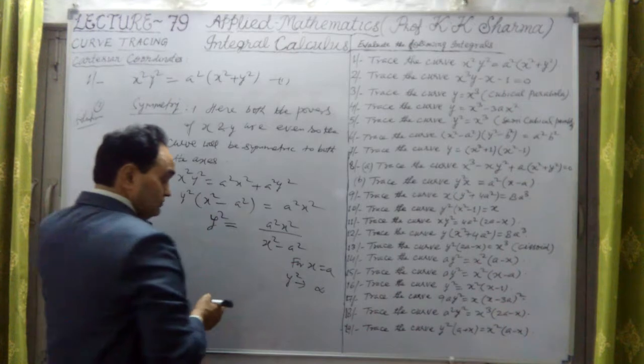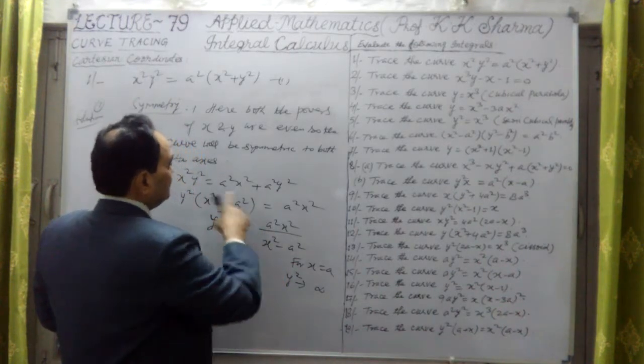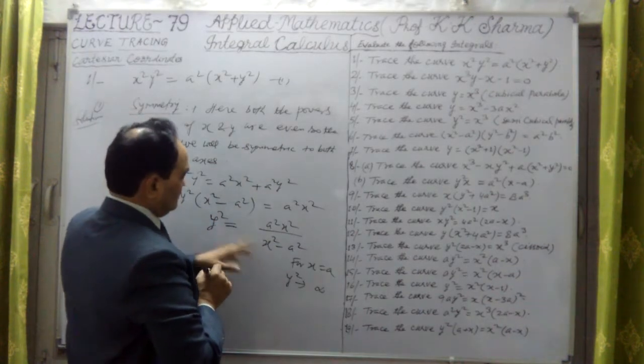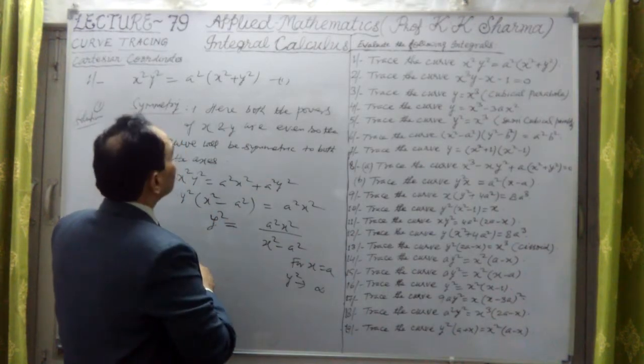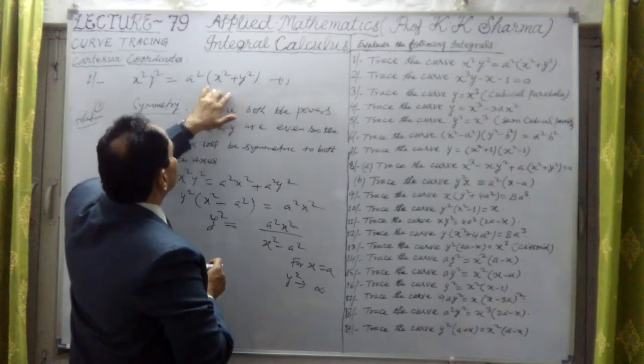At x equal to a, y square tends to infinity. There is an asymptote. Similarly, for y equal to a, if I solve it further for x also, since this is x square, a square and y square is there.